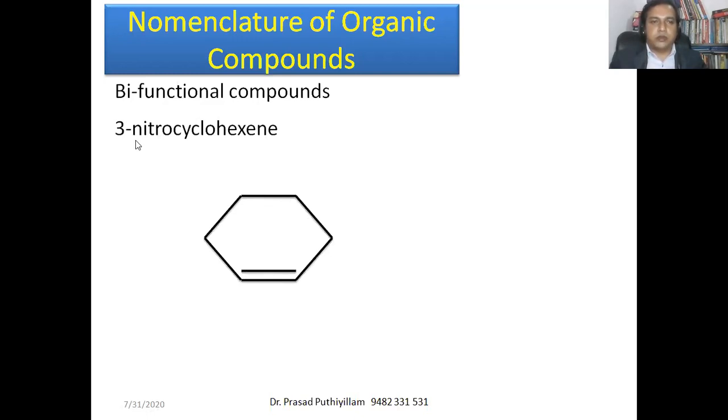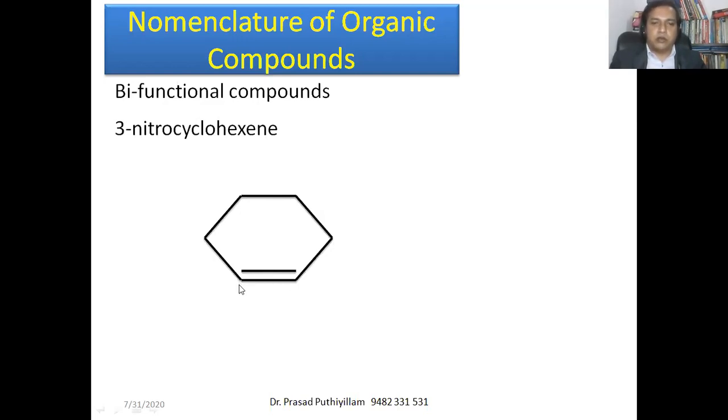Then we have to give the 3-nitro, meaning the third carbon atom has the nitro group. Now, which is the third carbon atom? That may confuse you. If you look at the cursor movement, you can count the carbon atoms. Anyhow, a double bond is given, so we have to give priority to those carbon atoms. Our numbering should start from there. If I start 1, 2, 3 in this direction, that is wrong, because even the second carbon atom has a double bond. Therefore, we have to give priority to the carbon atoms containing double bonds.